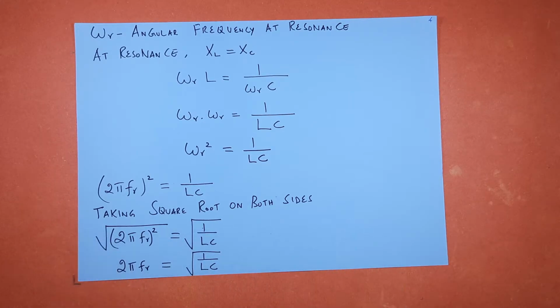So you take the square root on both sides. Square root of (2 pi FR) the whole square equals square root of 1 by LC.